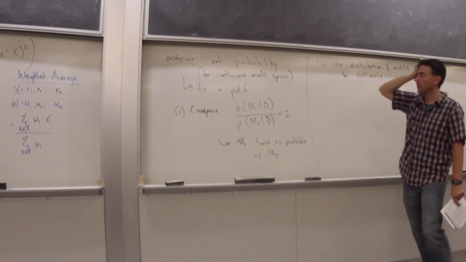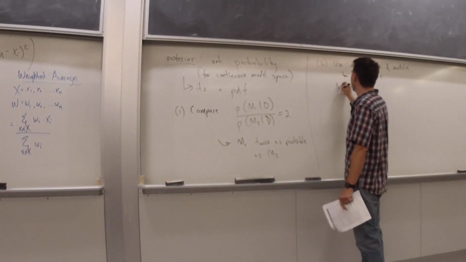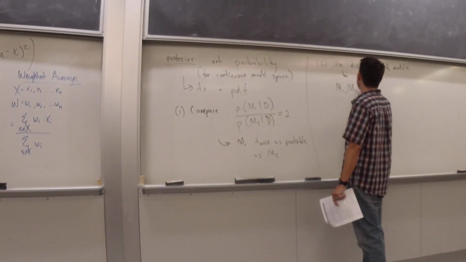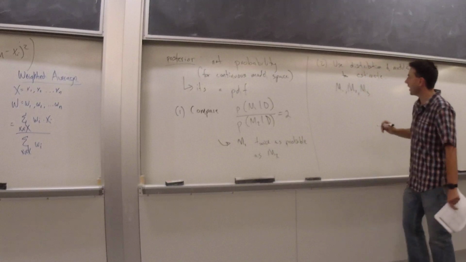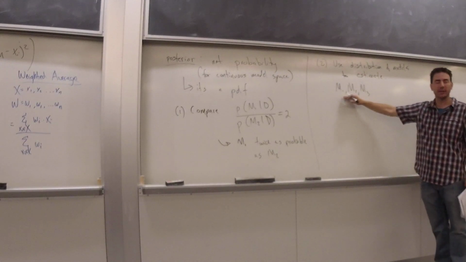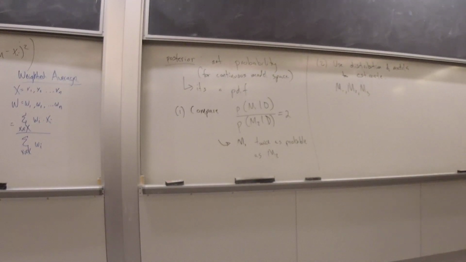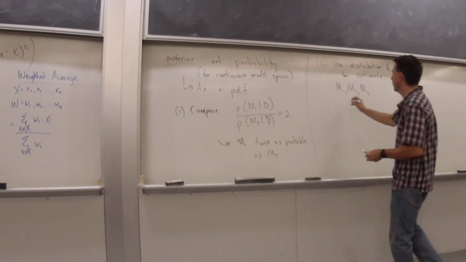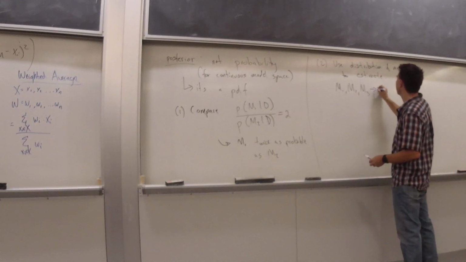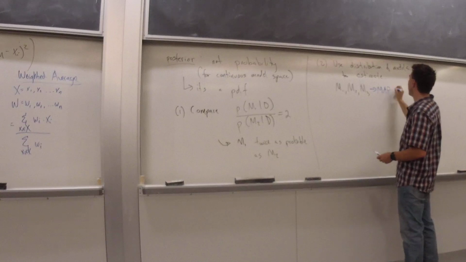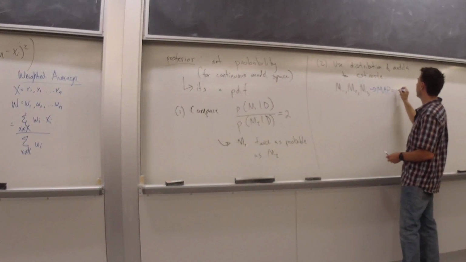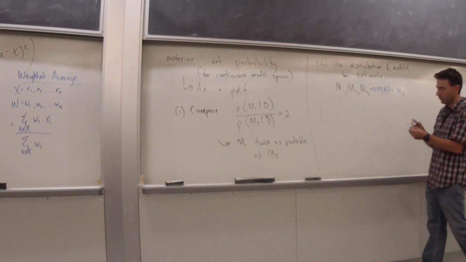Okay, so let's say that there were 3 models, M1, M2, and M3. Okay, and so one option is I can take the MAP estimate, and let's say the maximum a posteriori estimate is going to be equal to M2, right?